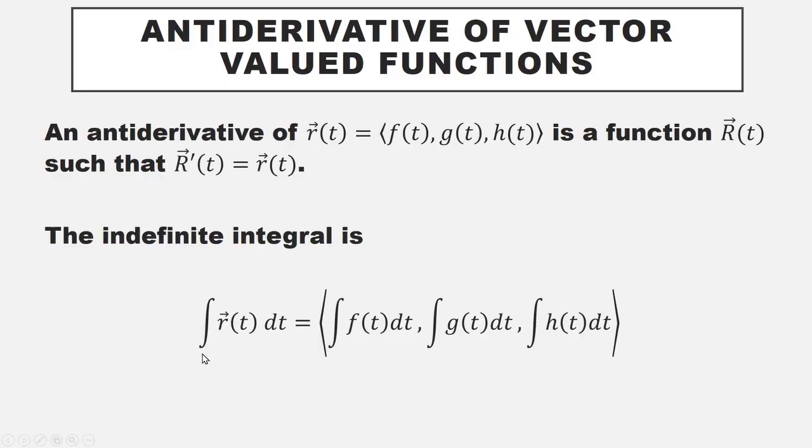So if we want to integrate a vector valued function with respect to t, just like what you would think, we would integrate each component of my vector valued function. So integrate f and put that into the x component, integrate g, put that into the y component, integrate h, put that into the z component.